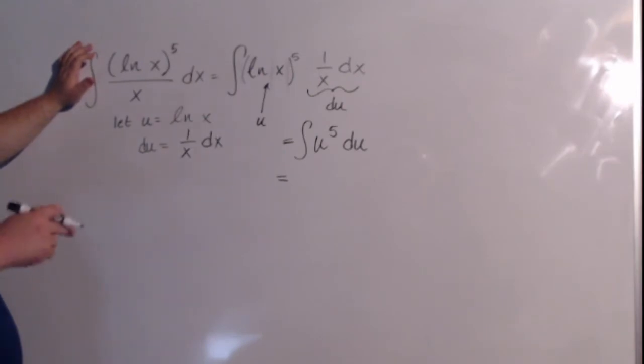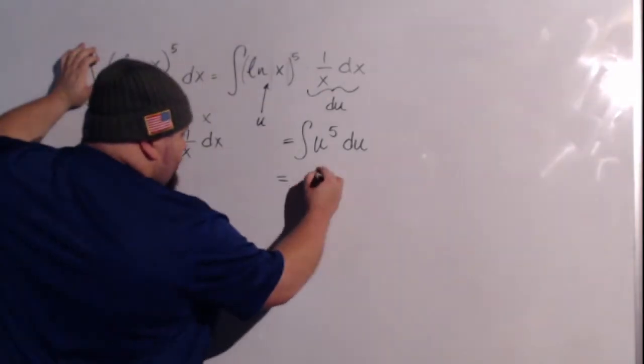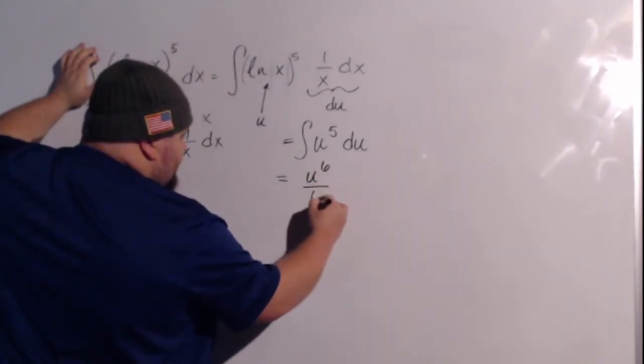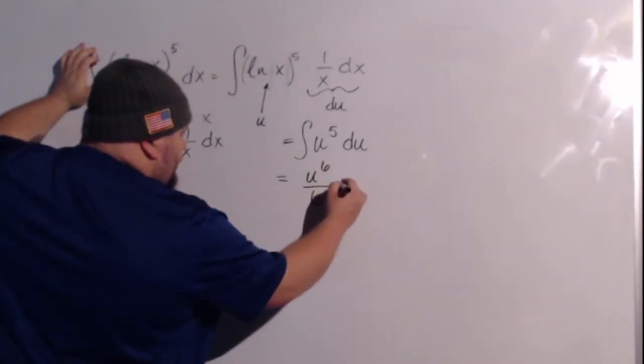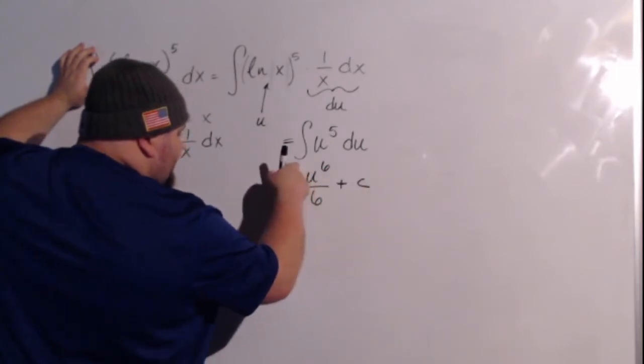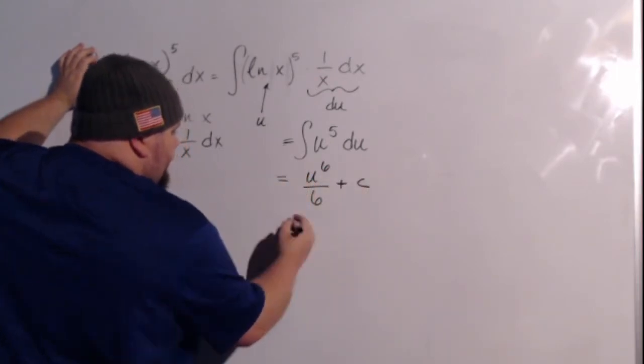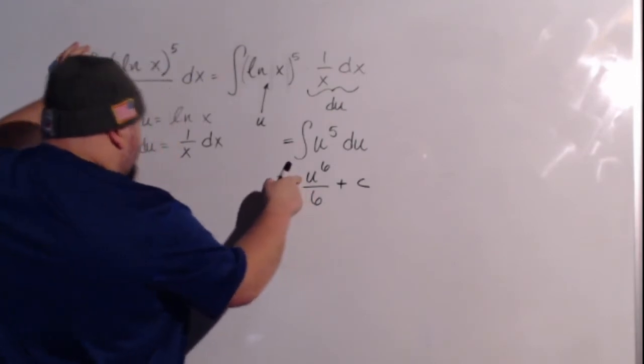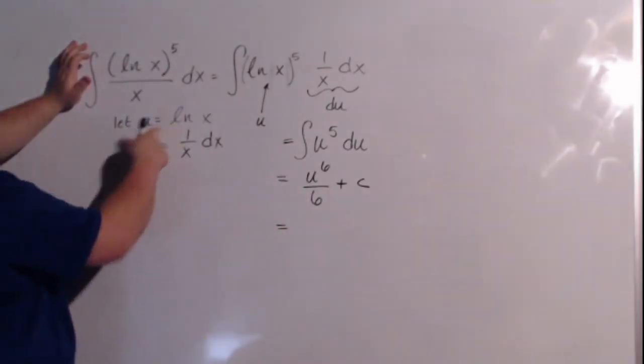Again, we add 1 to the power, divide by the number. So u to the 6th over 6. We always need our plus c if we're indefinite. And last thing is to plug back in for u.